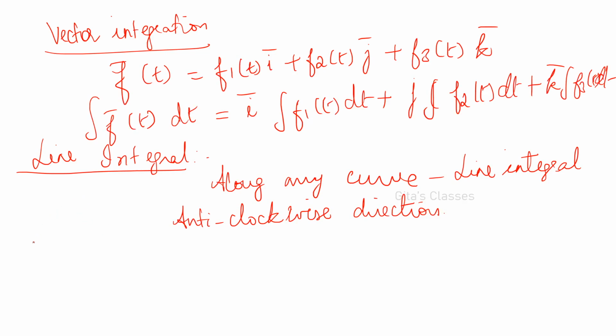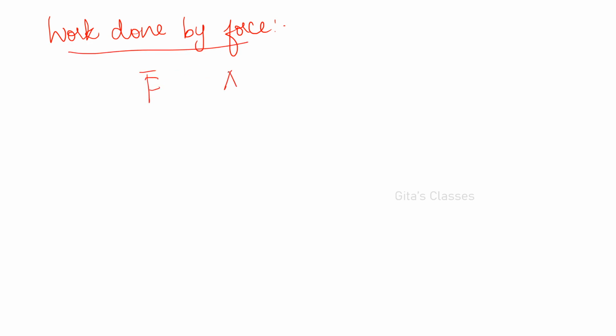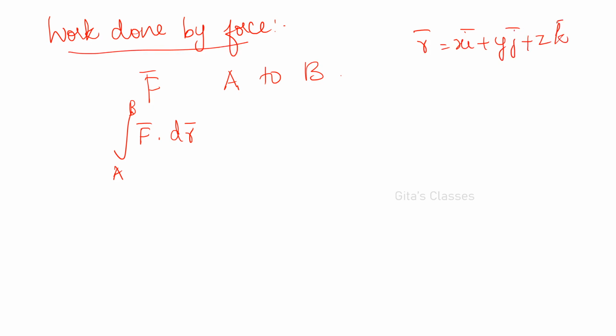Now in this we have work done by force. In line integral we have a very important topic. One definite question you can expect, work done by force. Work done by force F on moving a particle from A to B. Suppose you want to find the work done by the force F on moving a particle from the point A to B, it is given by integral A to B of F dot dr, where r is always the position vector xi plus yj plus zk.